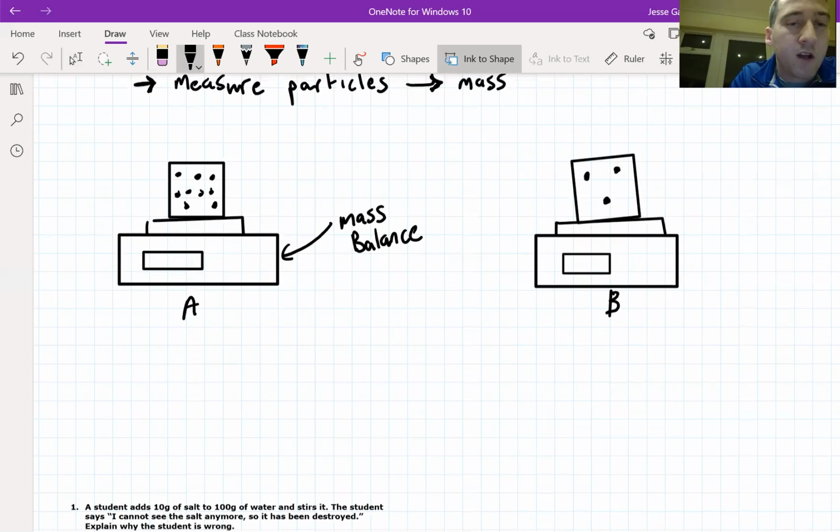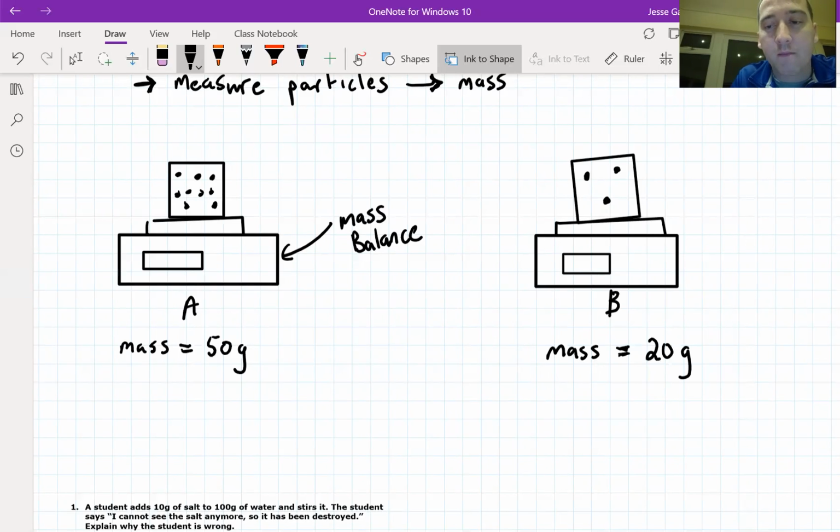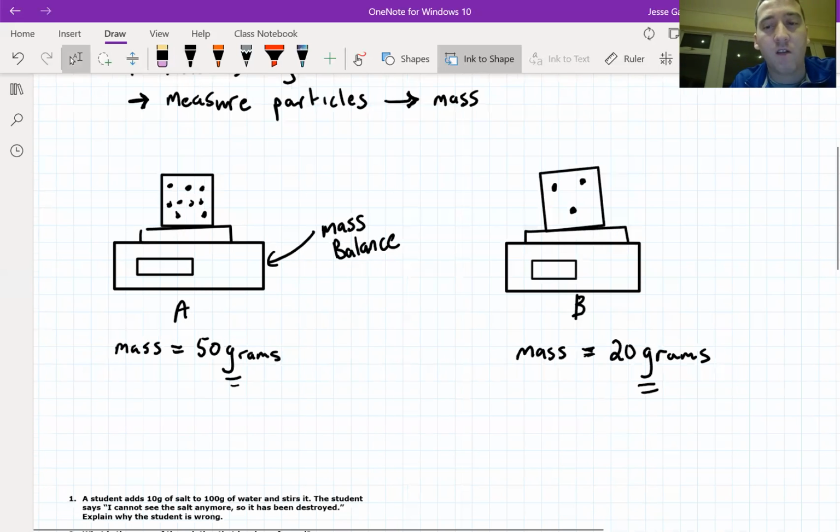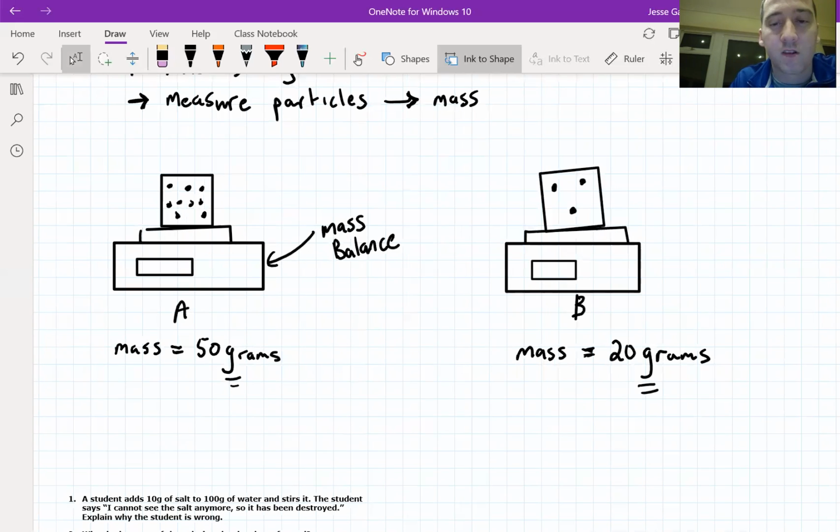So if we want this mass, let's say the mass of A is equal to 50 grams.